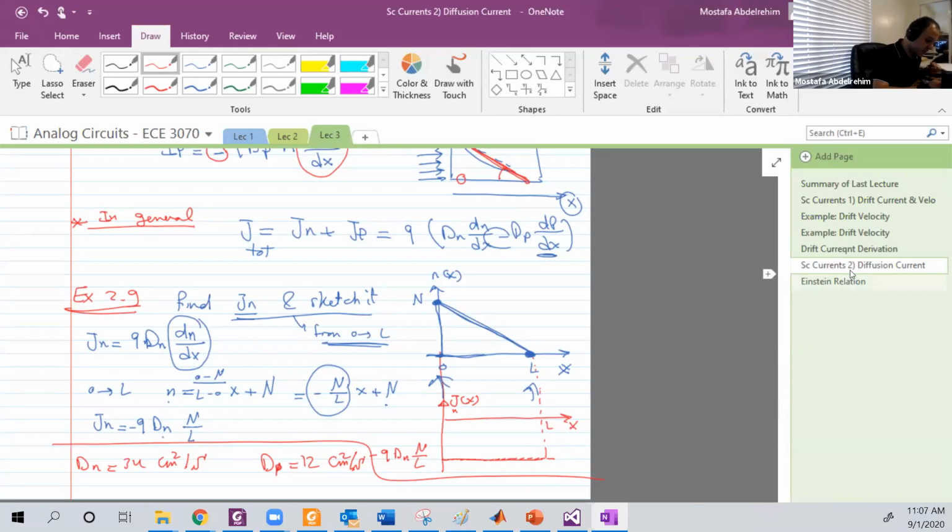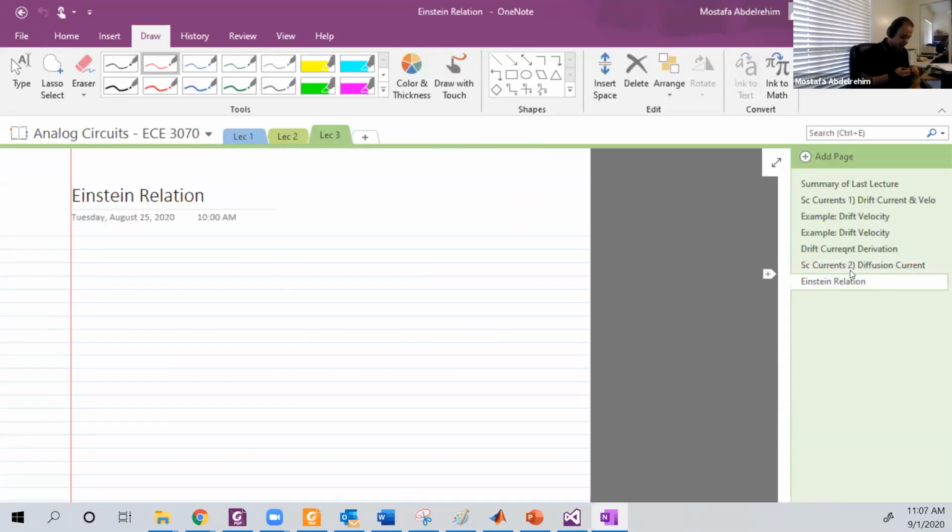So one last thing, it's the Einstein relation. So we talked about two different phenomena, the drift current and the diffusion current. And we see that the physics is different. This is completely different than this. Although Einstein could relate them to each other.